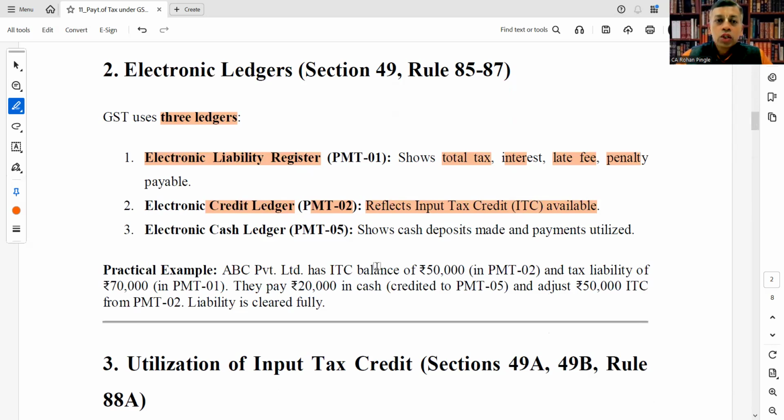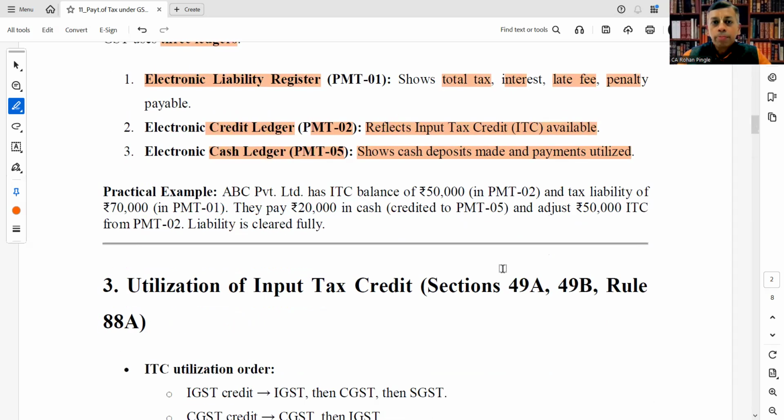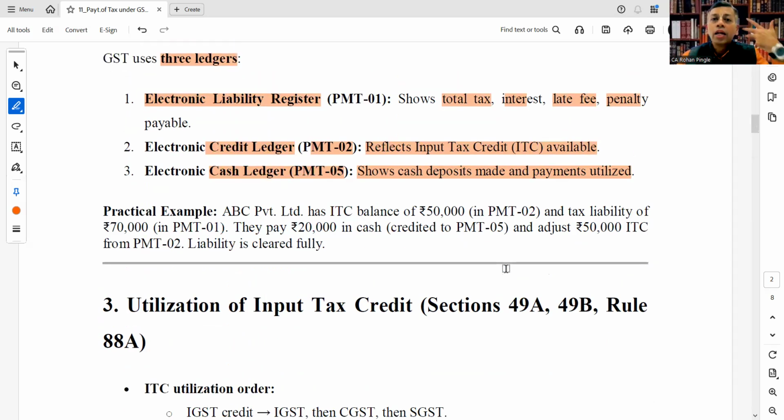And the third electronic ledger is your electronic cash ledger, that is PMT-05, which shows cash deposits made and payments utilized via challan. So there are three electronic ledgers: electronic liability register PMT-01, electronic credit ledger PMT-02, and electronic cash ledger PMT-05.